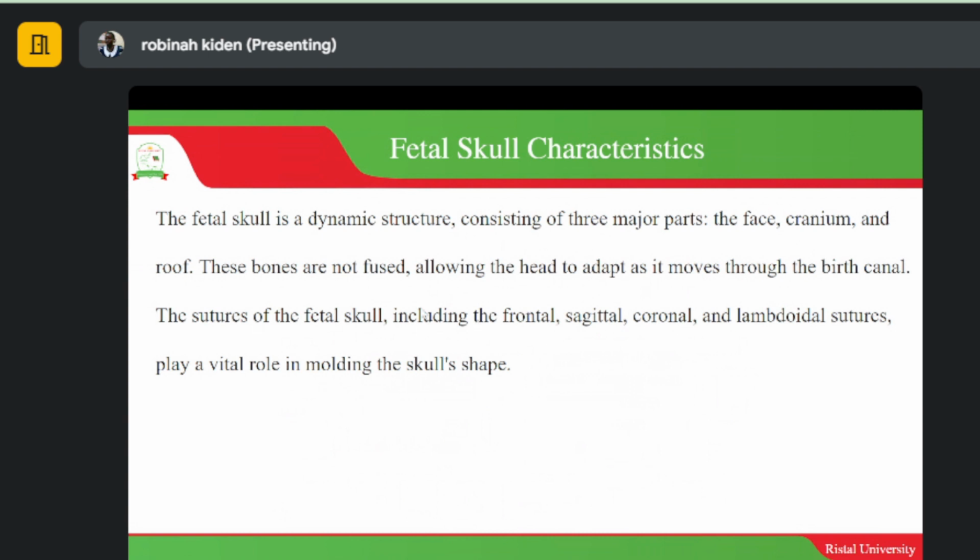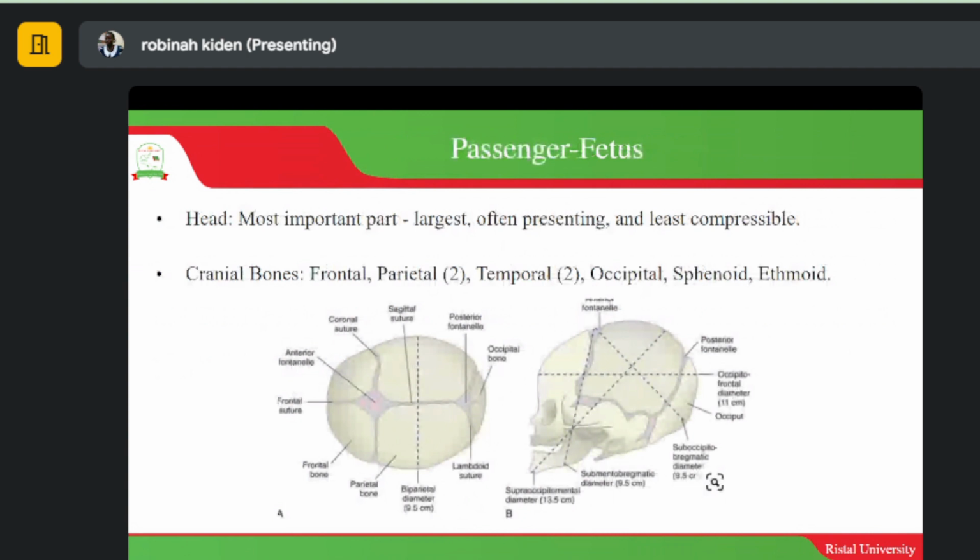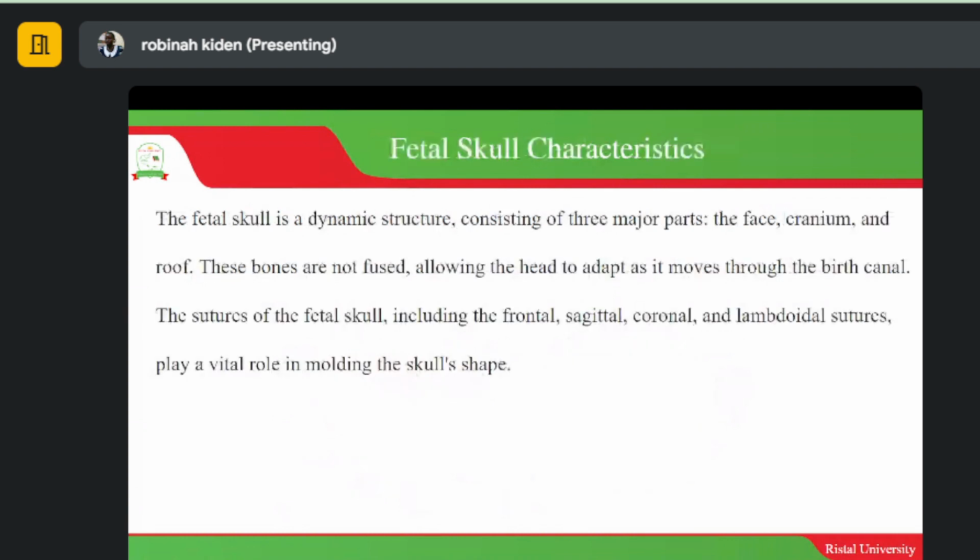So the sutures, we have the frontal suture, sagittal suture, coronal, lambdoidal, and they really play very, very important roles, as we have seen here. So right here we have the anterior suture. This is the frontal suture, the coronal suture, the anterior suture. Then the lambdoidal suture is the one that is here at the back of the head.